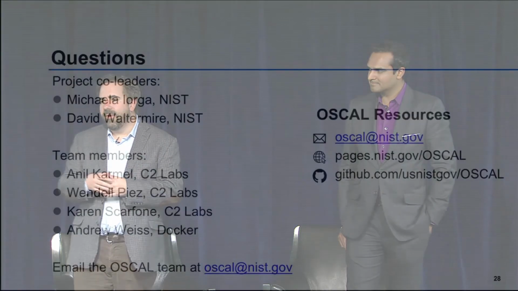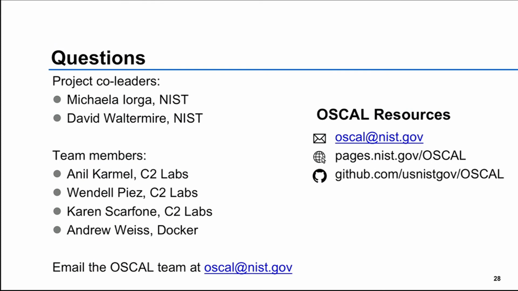Yeah, I think I could take the first part, and maybe the others could take the second part. Your first question was really around who creates OSCAL content. For the catalog. Right, just the catalogs. But it's a broader question too, about profiles and baselines and that sort of thing. So the idea is that we want the authoritative organization that produces the catalog to produce the OSCAL content, because they know the most about their catalog.